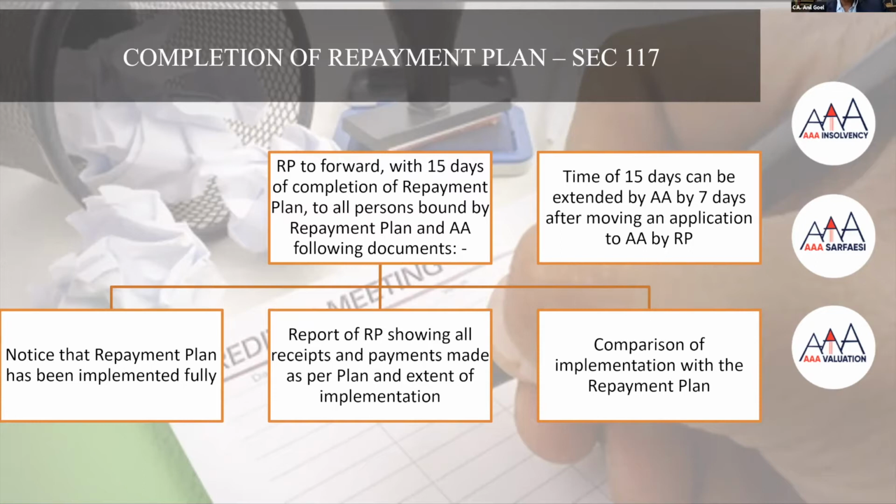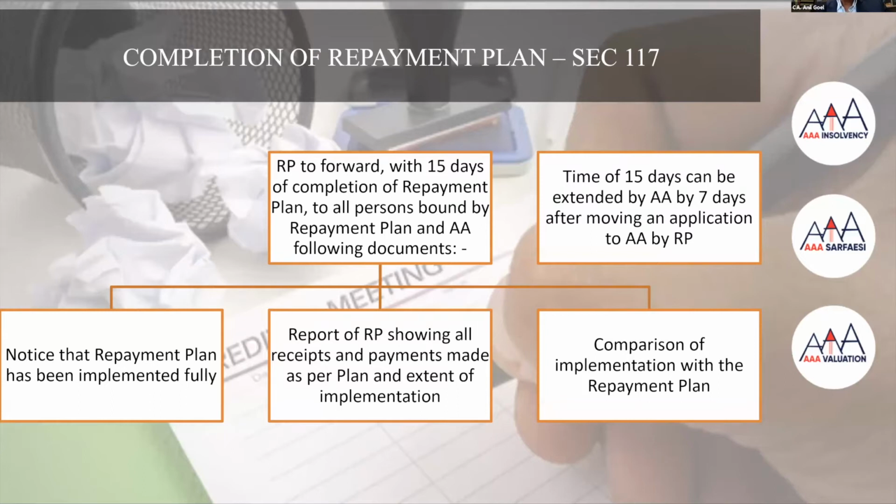What are these documents? These documents are notice that repayment plan has been implemented fully, report of the RP showing all the receipts and payments made as per the plan and extent of implementation, and comparison of implementation with the repayment plan. So this has to be done by the RP within 15 days of the completion of the repayment plan, and all these documents are required to be submitted to AA.